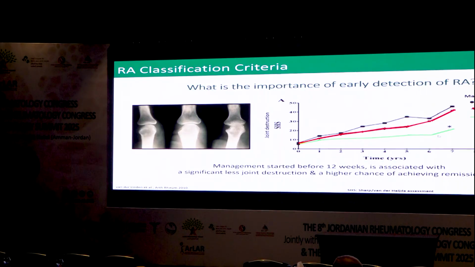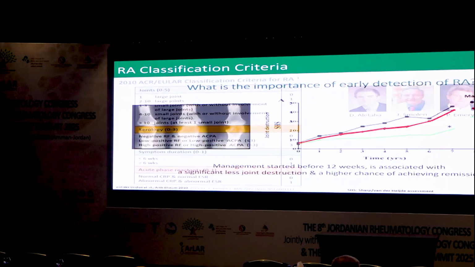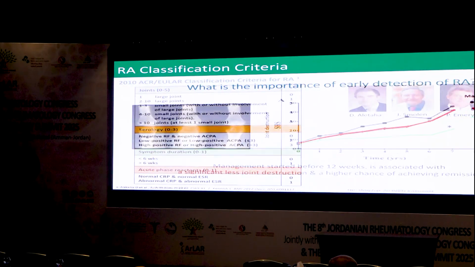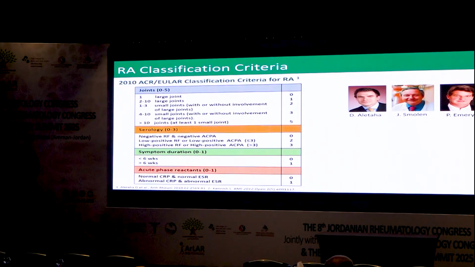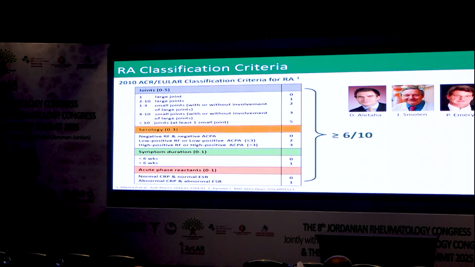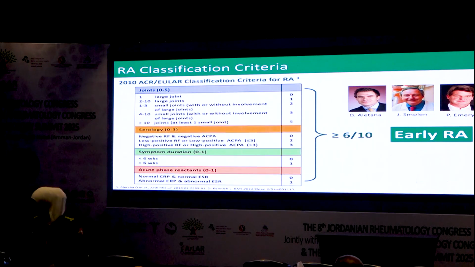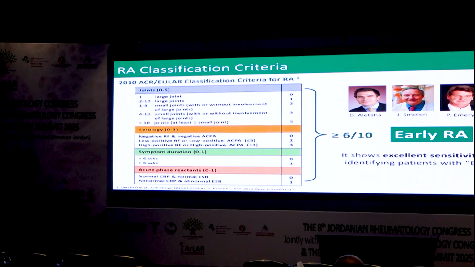So the most recent, the 2010 ACR/EULAR classification criteria, developed by Daniel Aletaha and his colleagues, famous rheumatologists all over the world, classifies patients for early detection of rheumatoid arthritis. It shows an excellent sensitivity of 97% in identifying patients at an early stage of RA for early treatment and management.